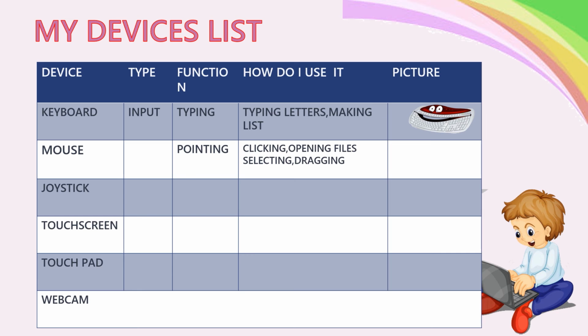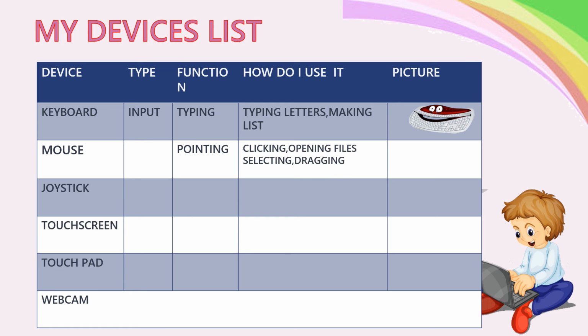But for that, we are going to make a device list, and that device list we will be making in Microsoft Word. We will be taking a table and inserting the required number of rows and columns, and we will make a table like this where we have the device name, the type, whether it's an input device or an output device.